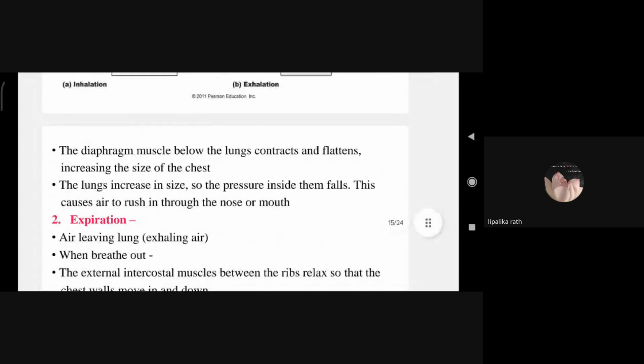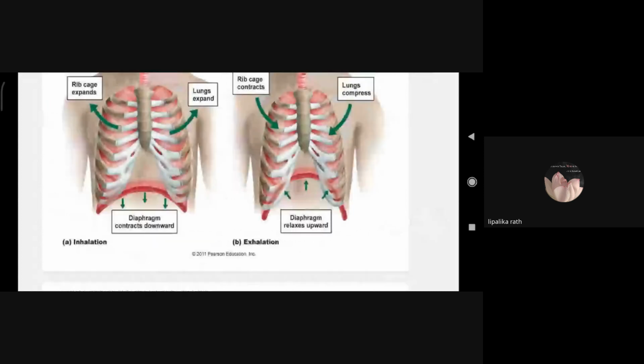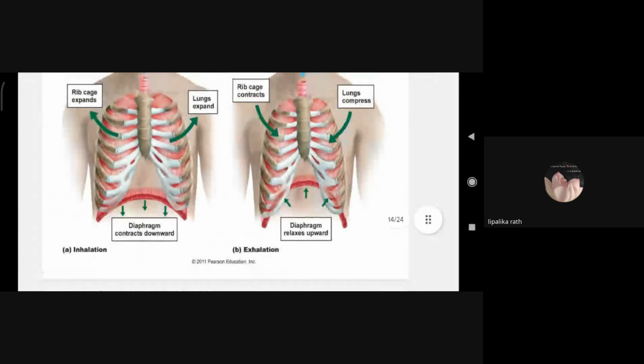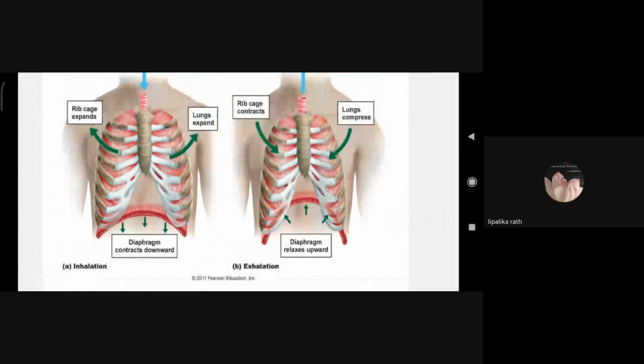So here in this picture, the left side is the inhalation picture already mentioned here, and the right side is during exhalation.